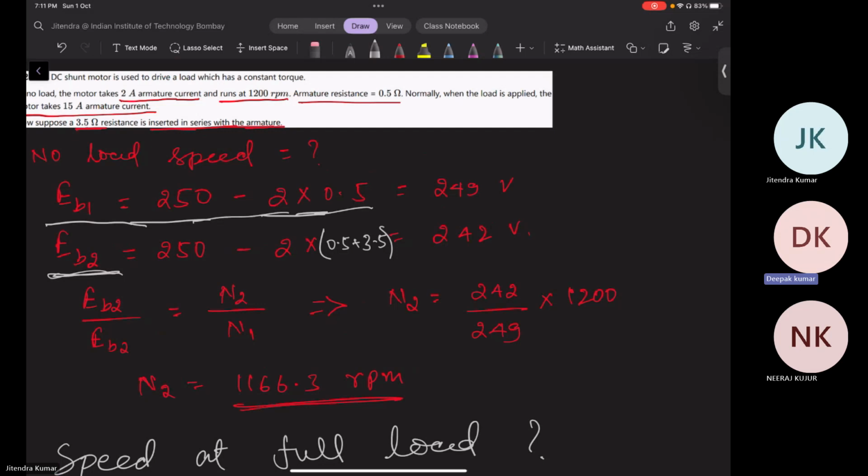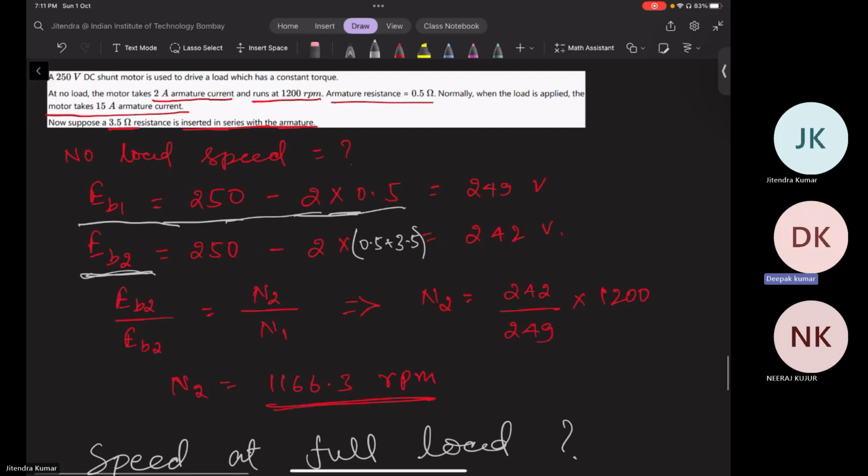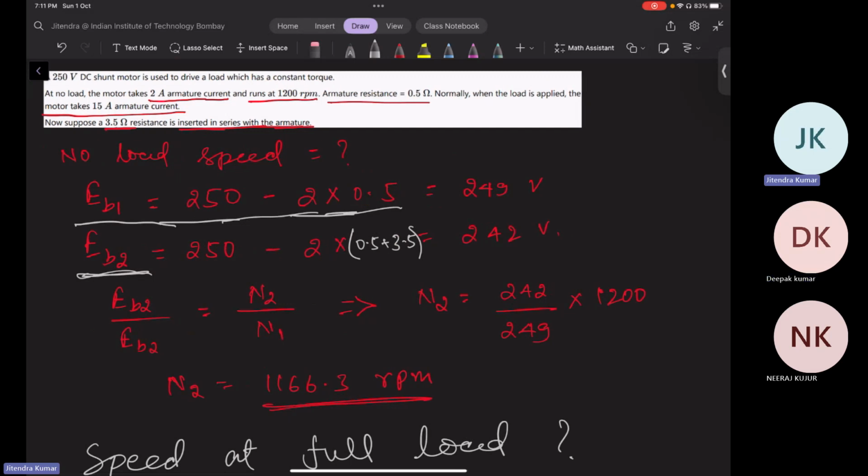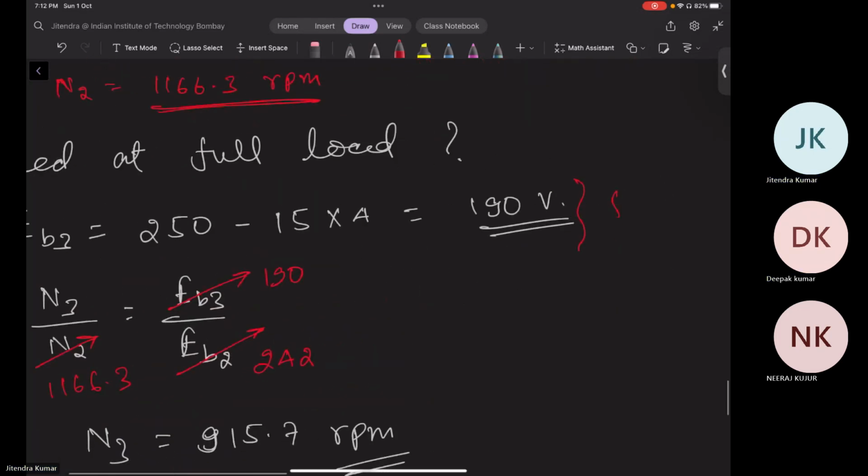No, sir, I am not able to find the statement that armature current is the same in both cases. See, we have to find the no load speed. At no load, armature current is given as 2 ampere, isn't it? Yes, sir. This 2 ampere is at no load, and at full load, 15 ampere. So both these conditions are for no load, and this condition is for full load.